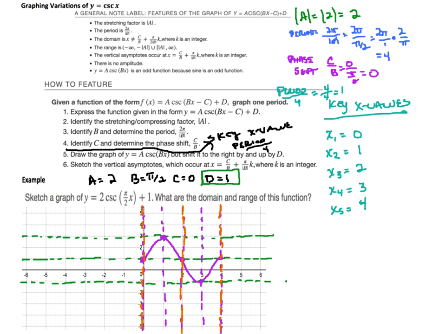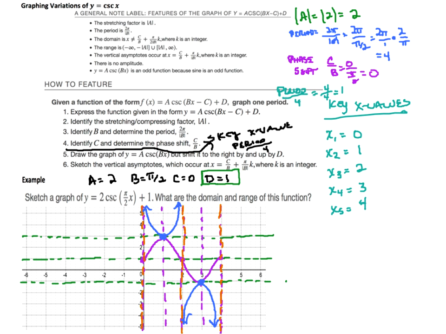And my cosecant, I have a maximum at my sine wave, so this opens upward. I have a minimum at my sine wave here at 3, and that opens downward. That's it. Easy enough, huh? So wasn't it good that I painfully took you through that first example there, because that one made this one feel nice and neat and easy.